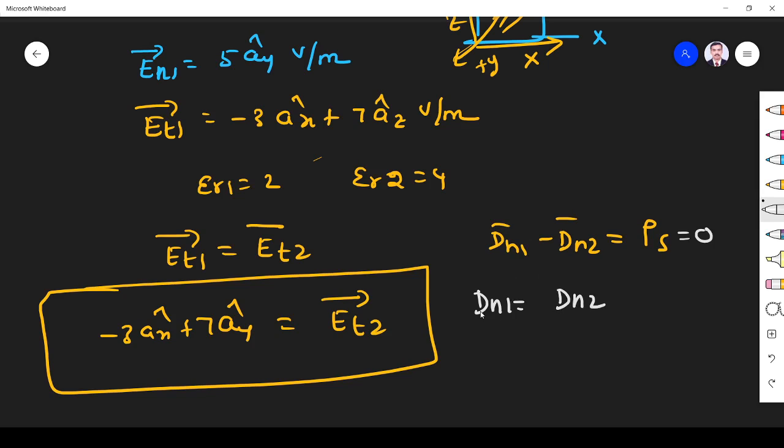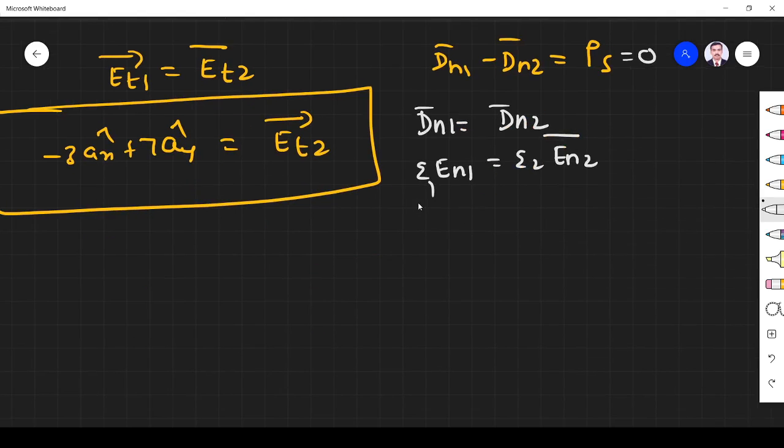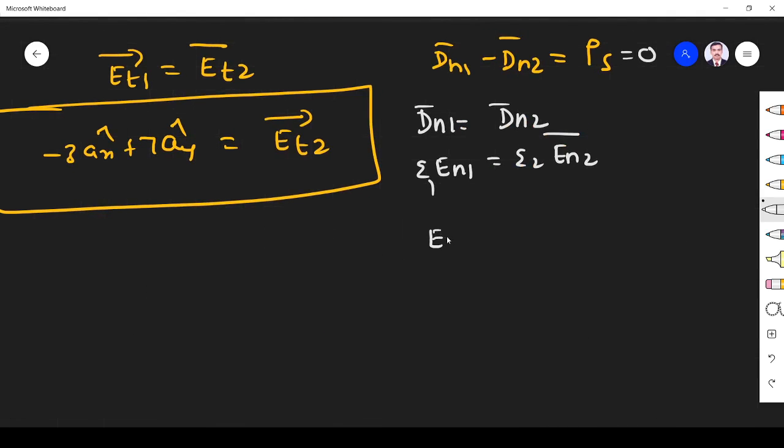Fine. So what will happen? D is equal to epsilon En, so epsilon 1 En1 equals epsilon 2 En2. What we want is En2, so En2 is epsilon 1 divided by epsilon 2 times En1.